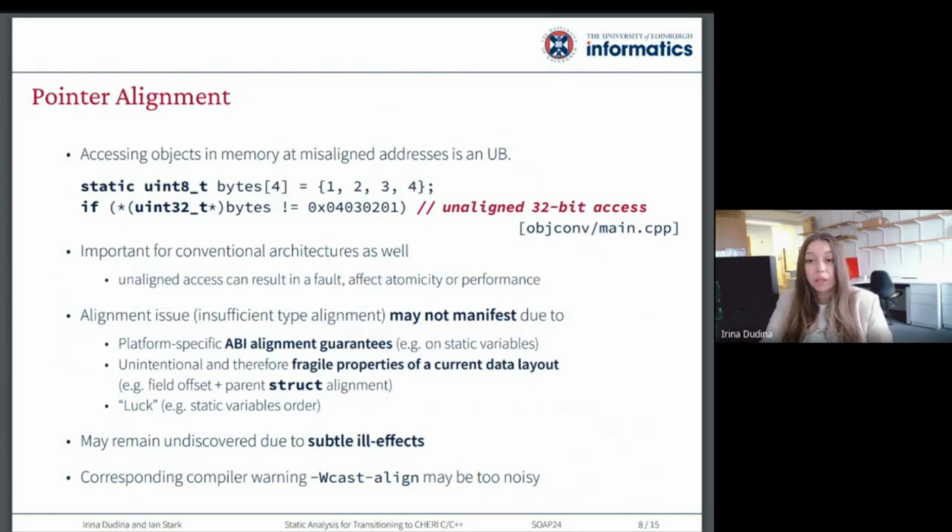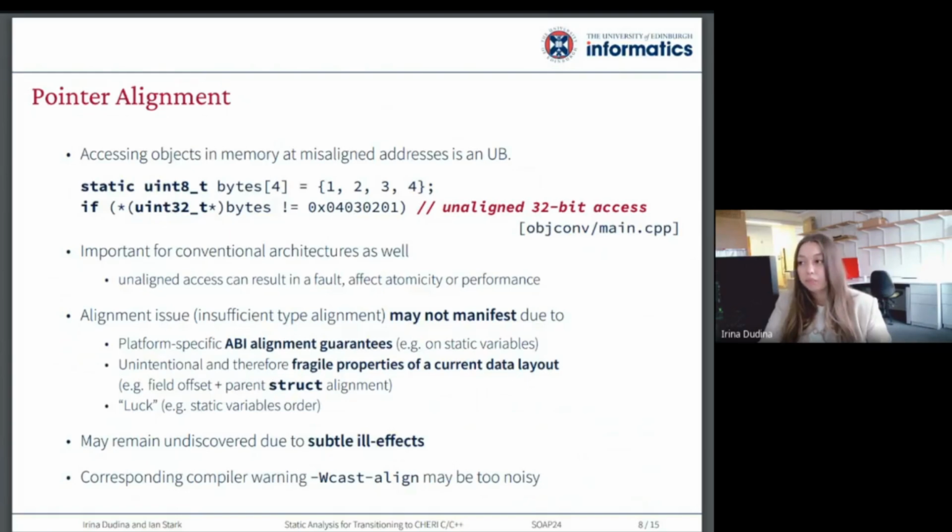Any unaligned memory access in C is UB on any architecture. An unaligned access can result in a fault, or affect atomicity or performance. However, these alignment issues may not manifest in the real world for several reasons, like ABI guarantees, fragile properties of the current data layout, or just choices made by a compiler.